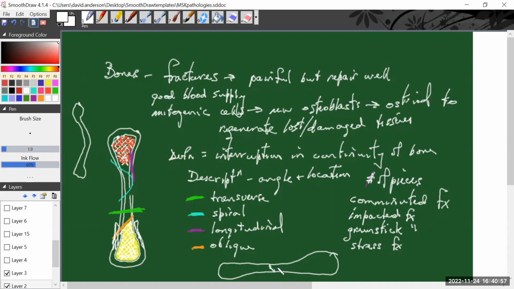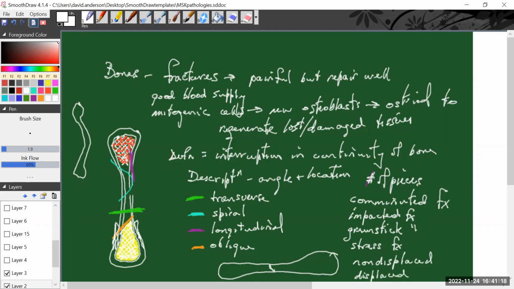Often no displacement, but very painful because the cortical bone has been broken. You can talk about fractures being non-displaced versus displaced. I think that's fairly self-explanatory.